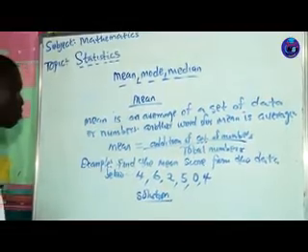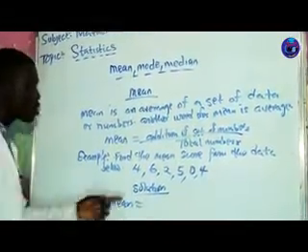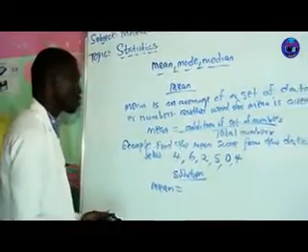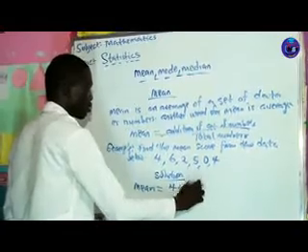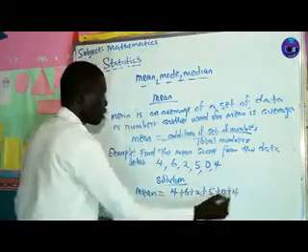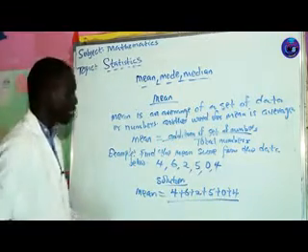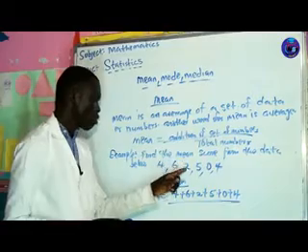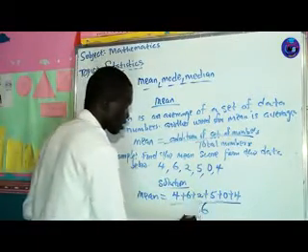What are we going to do? Mean will give you the addition of this set of numbers, which is 4 plus 6 plus 2 plus 5 plus 0 plus 4, divided by the total number. So what is the total number here? 1, 2, 3, 4, 5, 6. The total number is 6.